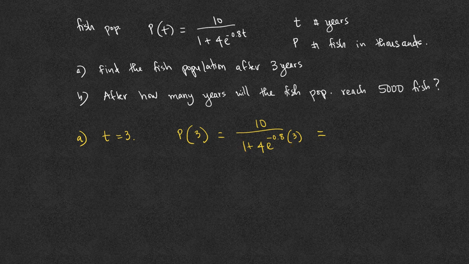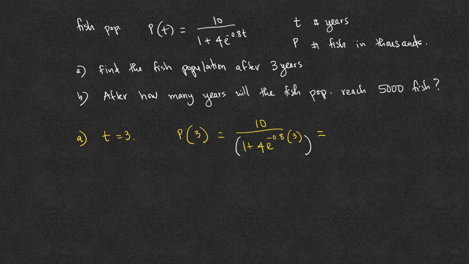Without any correct sets of parentheses, we might do 10 divided by 1 first, which is the wrong order of operation. If anything, there should be another set of parentheses around the denominator.